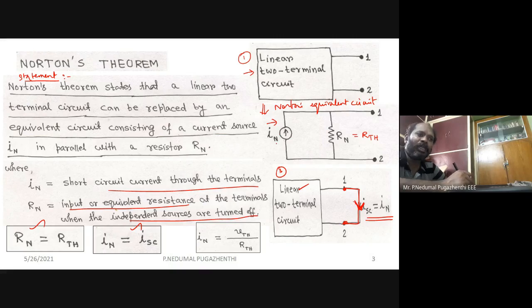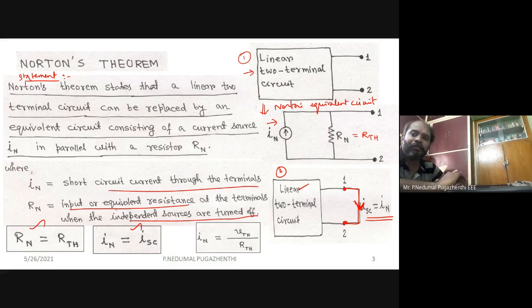The current source is the short circuit current of these two terminals, and RN is the equivalent resistance or the input resistance when all the independent sources are eliminated, made zero, or turned off.